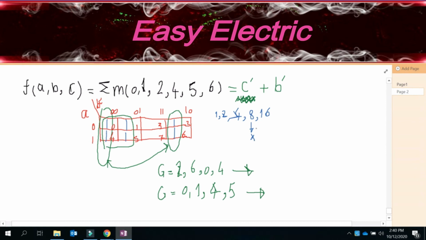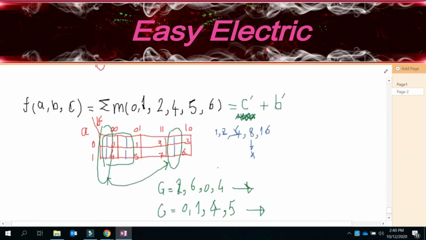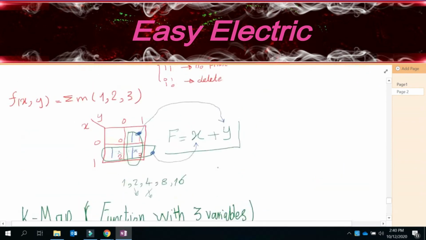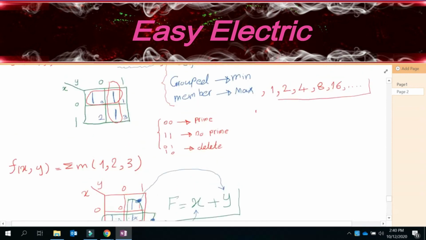Either 0, 0 or 1, 1, you keep it. 0, 0, get the prime. 1, 1, no prime. I actually summarized that for you somewhere. So 0, 0, get the prime. 1, 1, no prime. 0, 1 or 1, 0, that's gone.